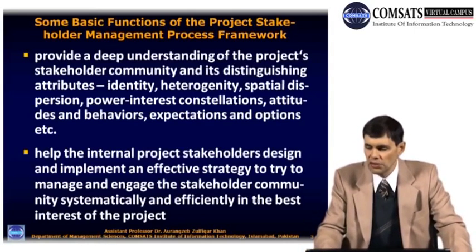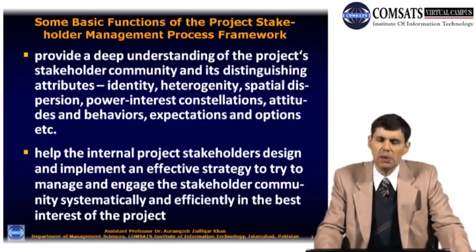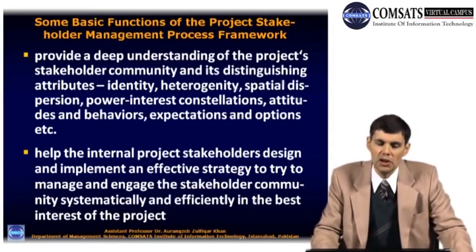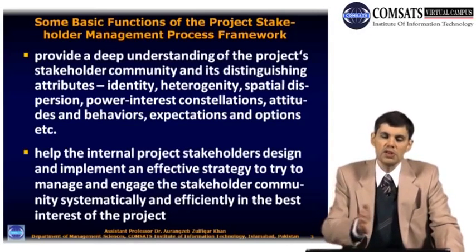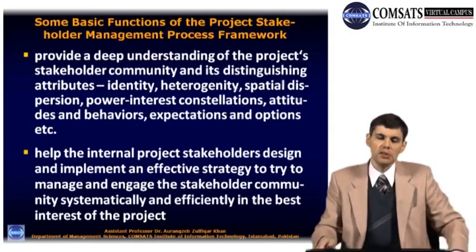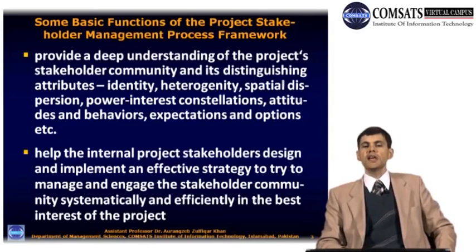You have some stakeholders who could be very powerful, and they can exert a lot of influence. You have other stakeholders who are not powerful and who have not much influence on the project. And when you have this constellation of power and interest, that means you're taking two variables here: the power variable and the interest variable.